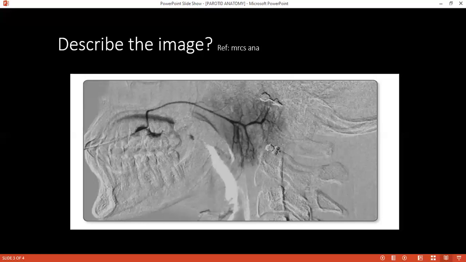Second nerve is the lingual nerve, very good, and it supplies the sensation of the anterior 2/3 of the tongue, and if it's injured, this sensation will be lost. And the third nerve, please. It is the marginal mandibular nerve. Excellent. It is a branch of the facial nerve, and this supplies muscles of facial expression.